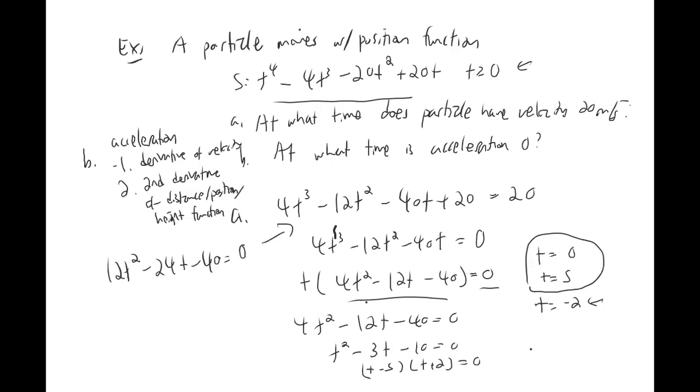Okay, so we could divide everything by 4. 3t squared minus 8t minus 10 is 0. Does this factor nicely? I hope so. If not, then it's the quadratic formula.